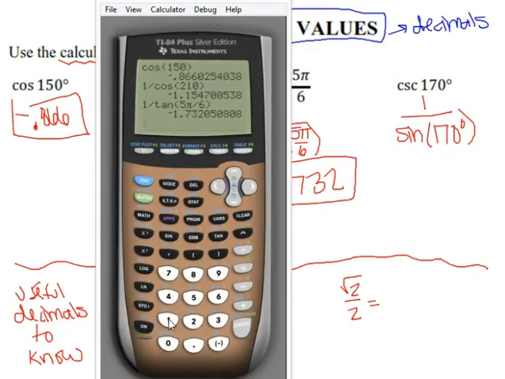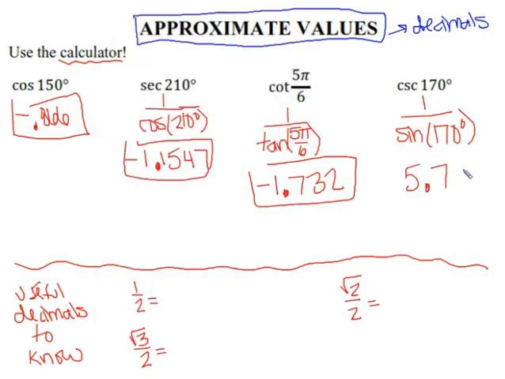So let's go ahead and use our calculator. 1 divided by sine of 170, and we get approximately 5.759. There we go.